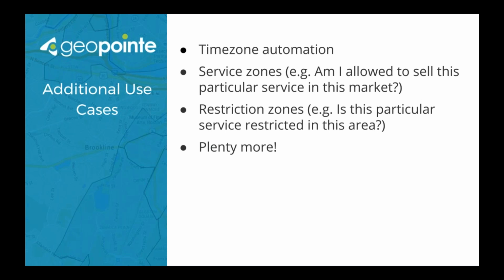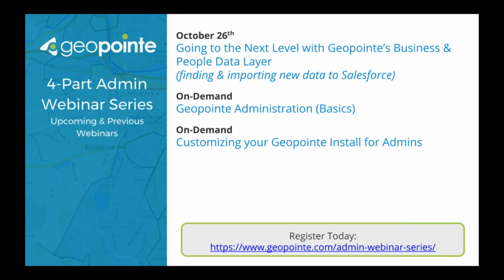And so you could actually write those restrictions onto your accounts and be like, okay, this account can be used for this kind of vacation rental, but it cannot be used for an Airbnb, that kind of a thing. So that's just the tip of the iceberg for the kind of things that you can do. So anytime that assigning something based on its geographic location could be useful, that is something that you can do with assignment plans. So that is all of the content I had for today.